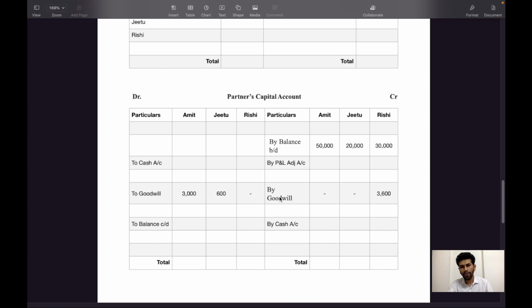Entry will be goodwill account debit to Rishi capital account, and then it is distributed among remaining partners in gain ratio, that is 5:1. So 3,600 is distributed as 3,000 and 600 respectively in Amit and Jitu account.